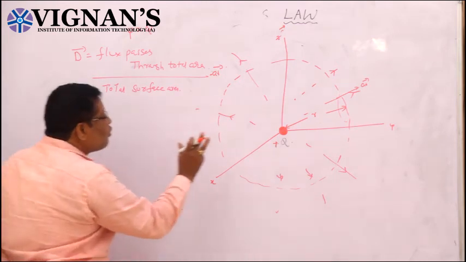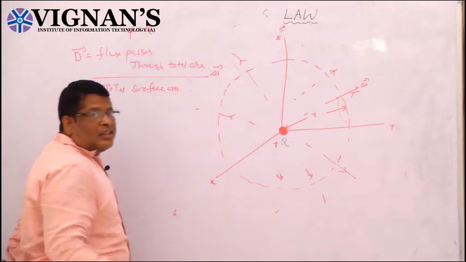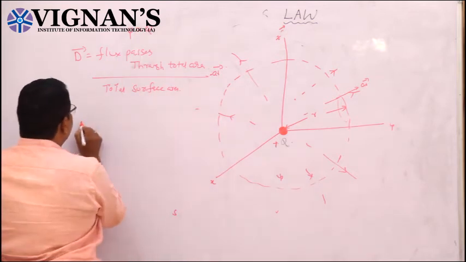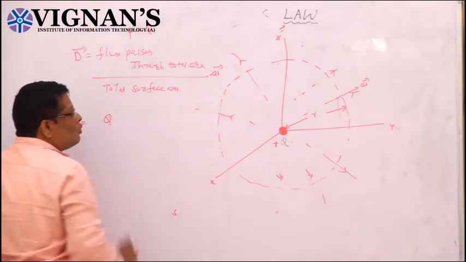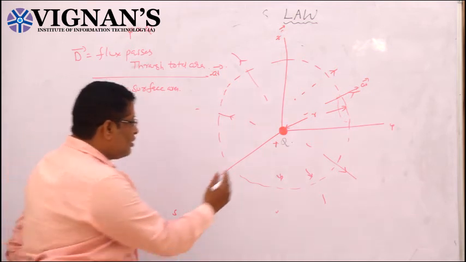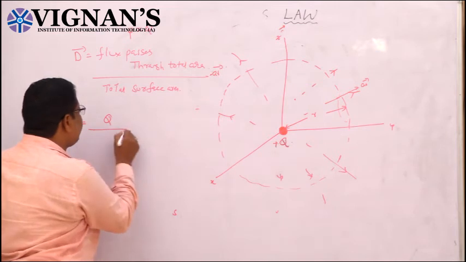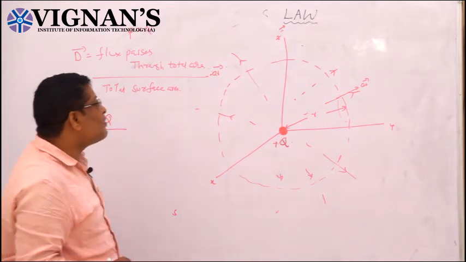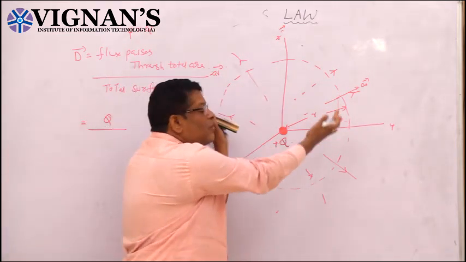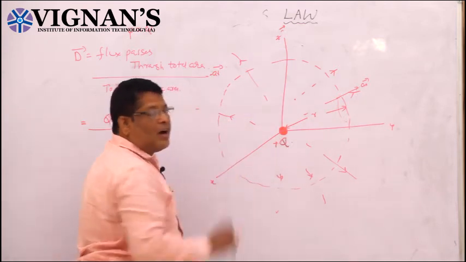Now, the total flux leaving the surface is equal to Q, the amount of charge placed at the origin, divided by the surface area. Here the surface area is the surface area of the sphere with radius r.